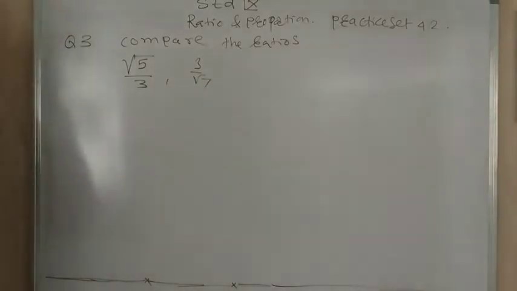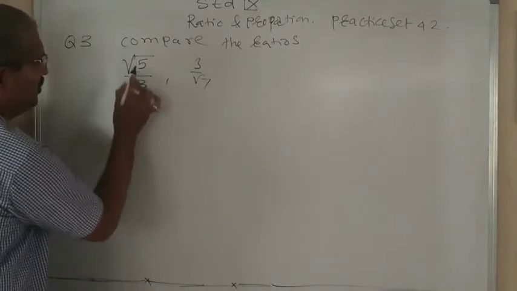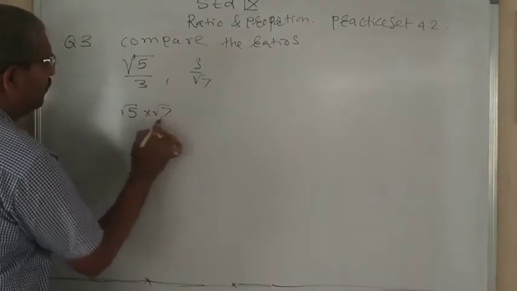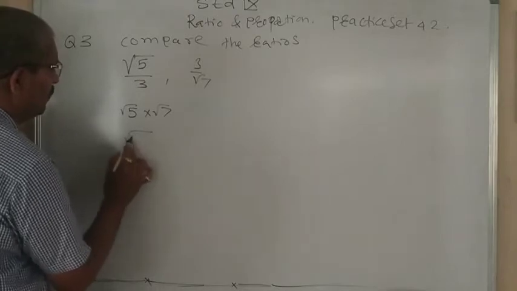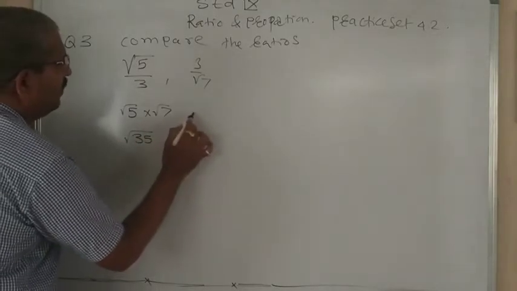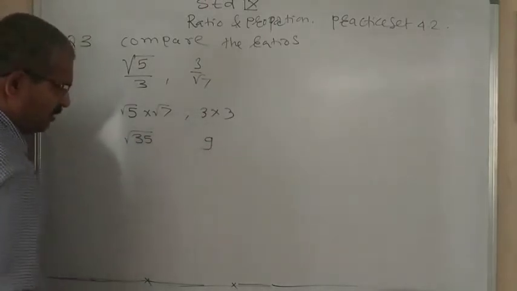How will you compare? We can compare this by cross multiplication. Root 5 into root 7 means you will get root 35. And 3 into 3, 3 3s are 9.